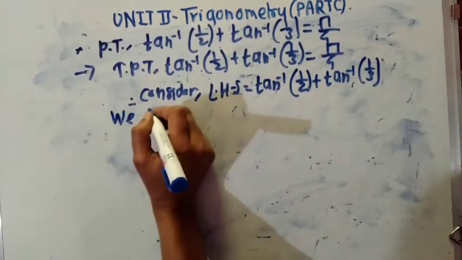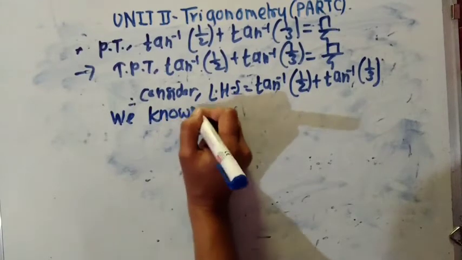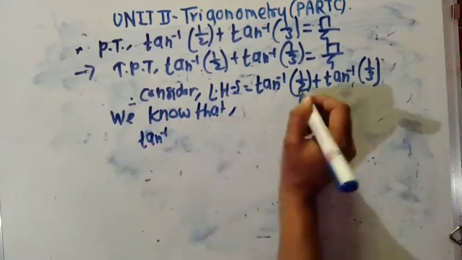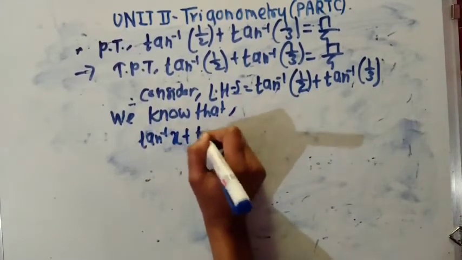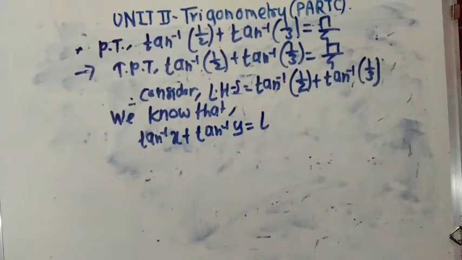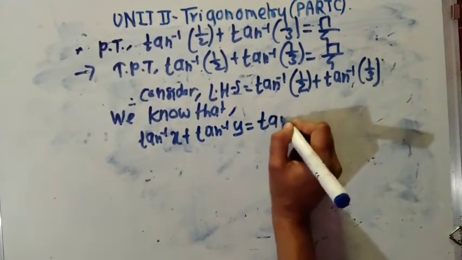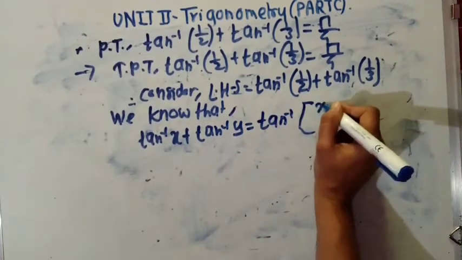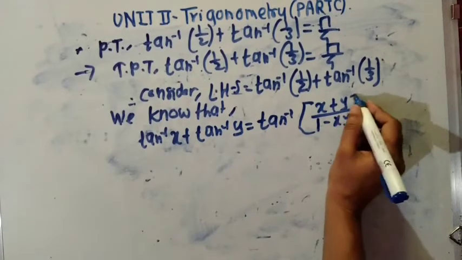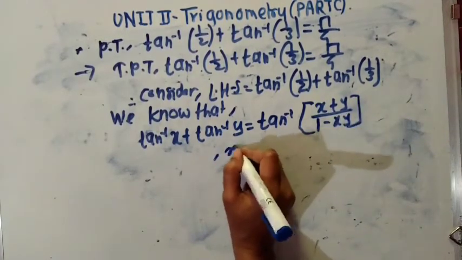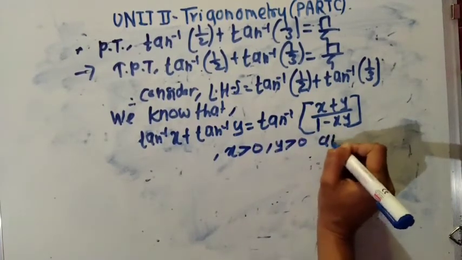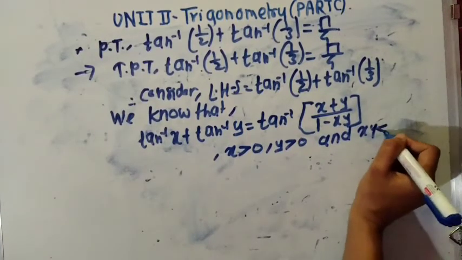But we know that tan inverse of x plus tan inverse of y is equal to tan inverse of x plus y upon 1 minus xy, where x is greater than 0, y is greater than 0 and xy is less than 1.